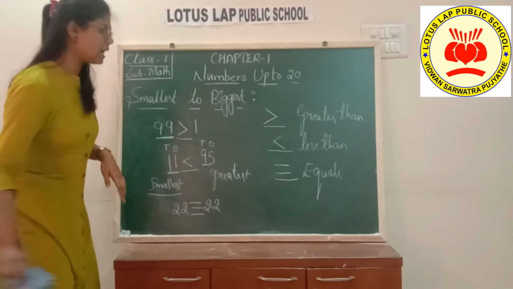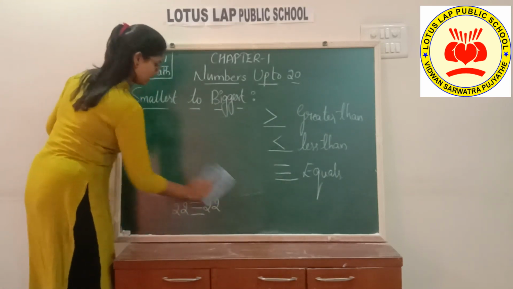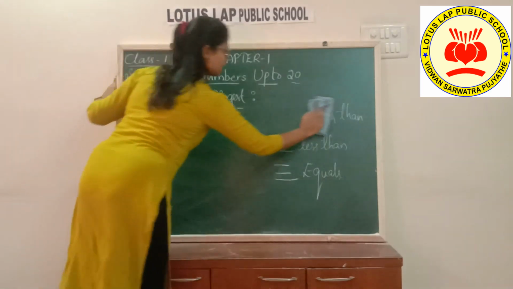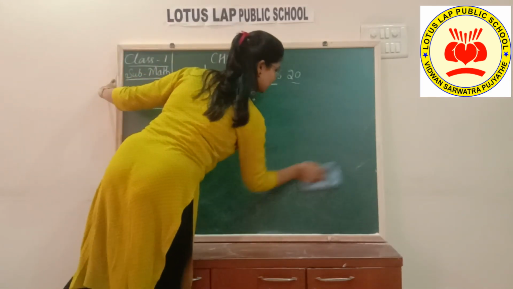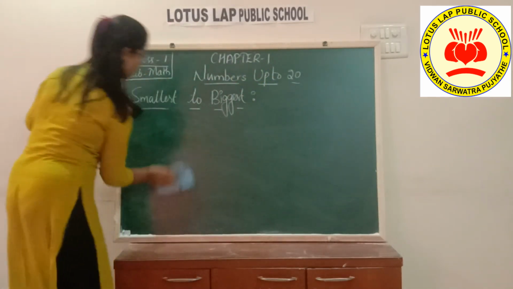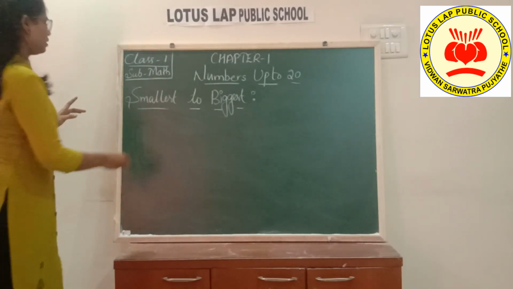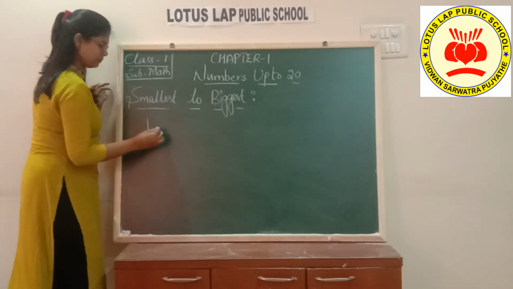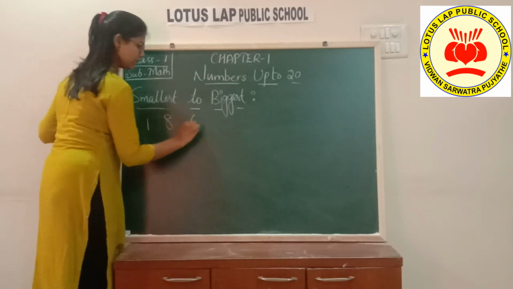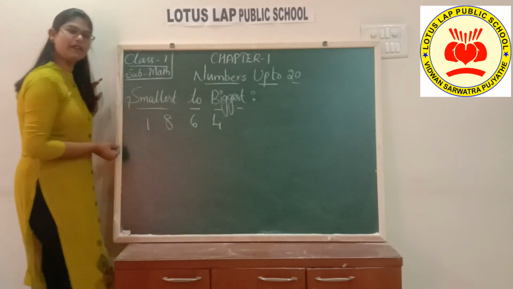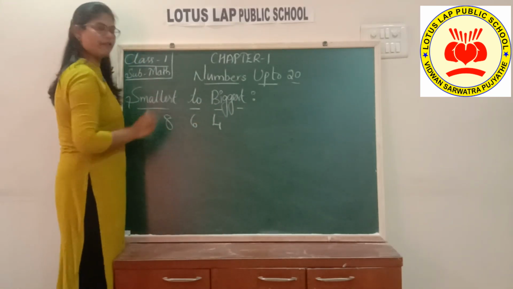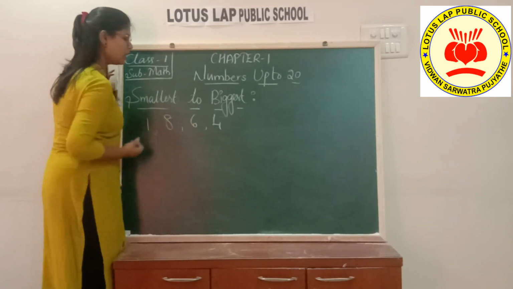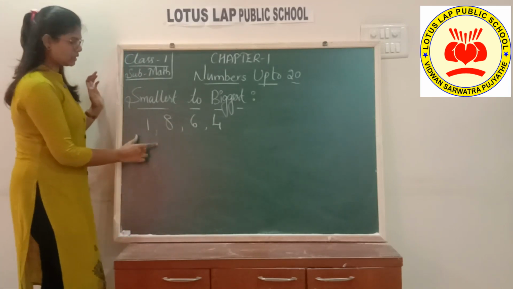Now let us see how to write numbers from smallest to greatest. Till now we have learned symbols and how to recognize the numbers among given. Now here 1, 8, 6, 4. I have taken 1, 8, 6, 4. Okay. Now which is the smallest one?